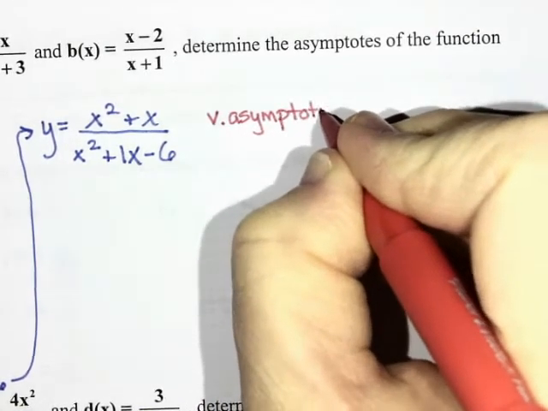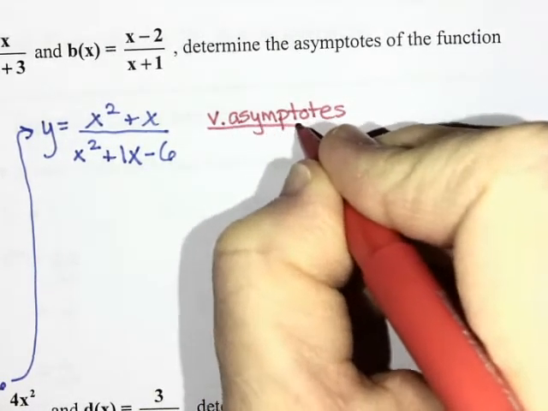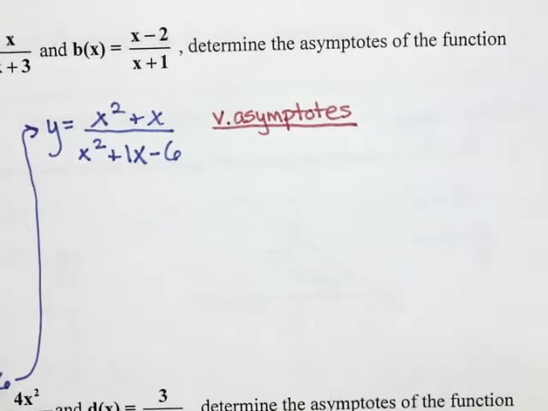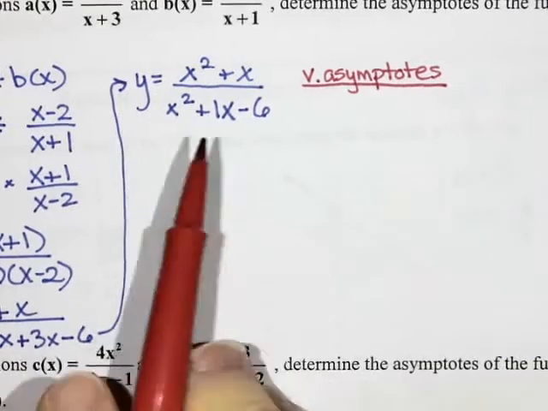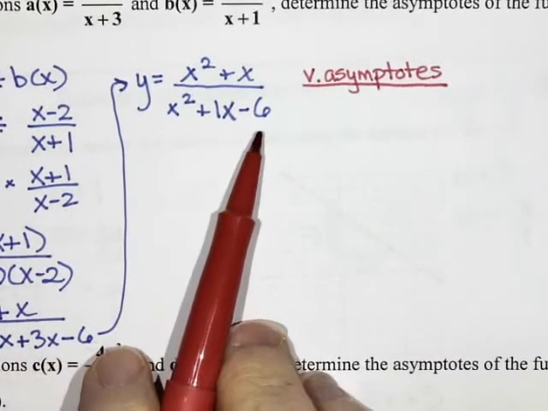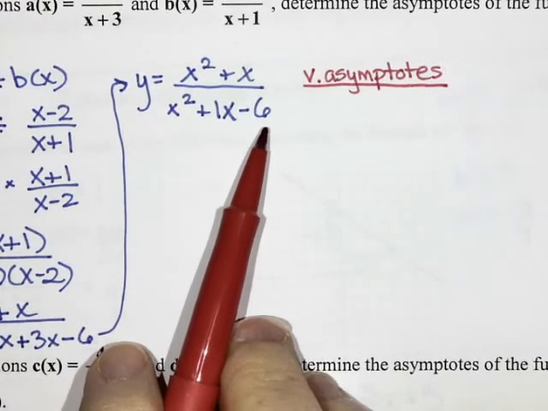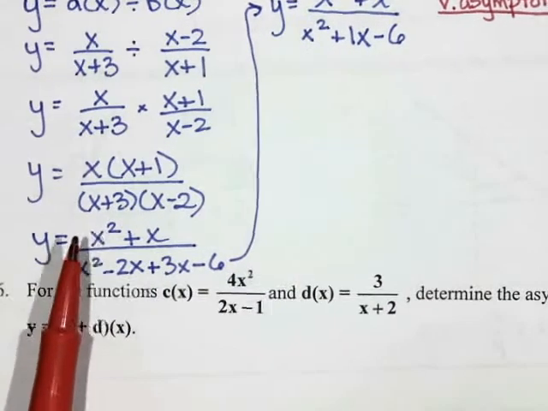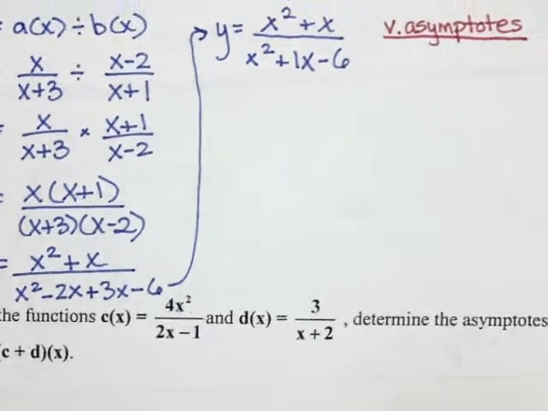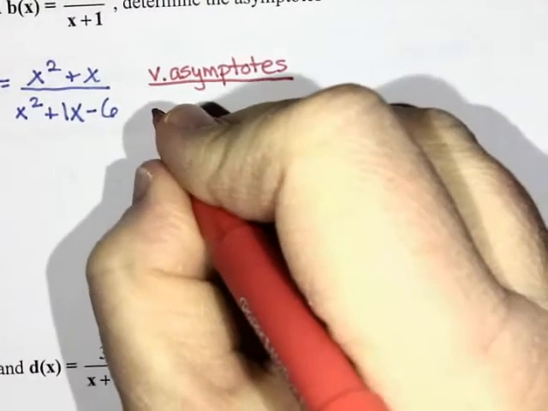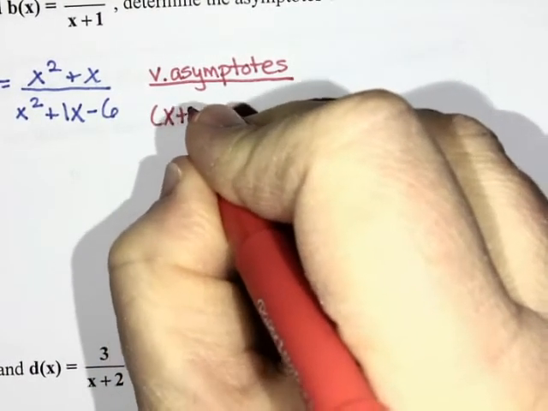You'll notice I didn't write the word vertical. I was being lazy. Okay, so for my vertical asymptotes, the denominator is 0. I could do x squared plus x minus 6 equals 0, but then I would have to factor it. So it actually is easier for us to do the x plus 3 times x minus 2 and set that equal to 0. Right? As long as it's the denominator, it doesn't matter if it came from the last step or not.